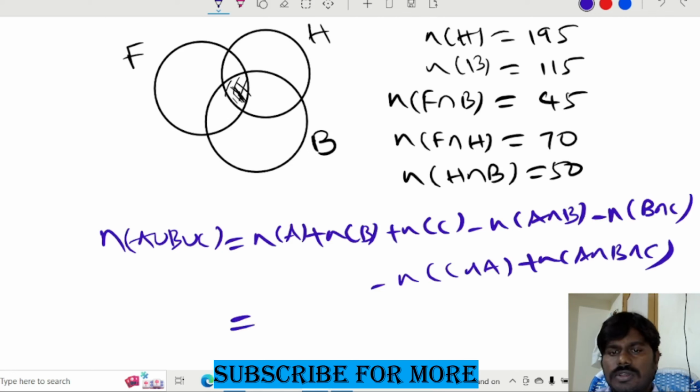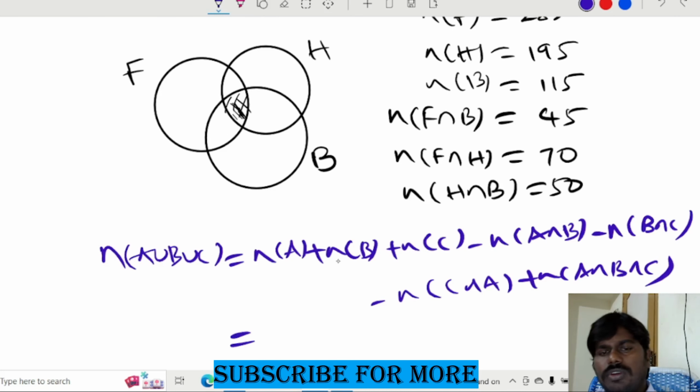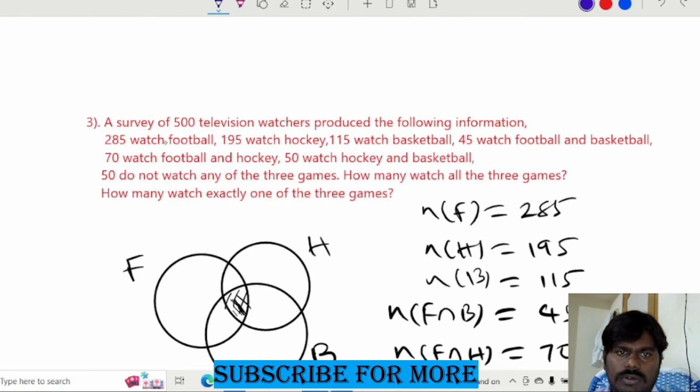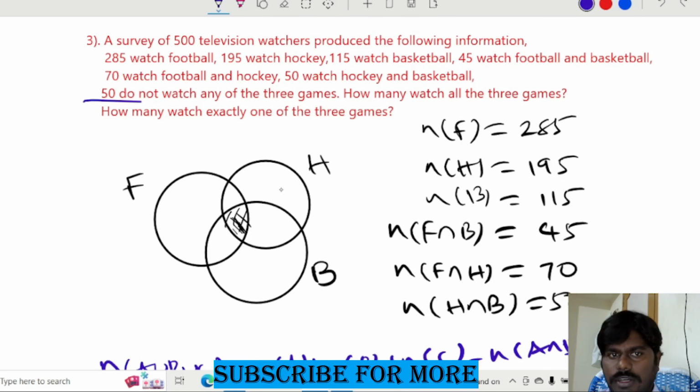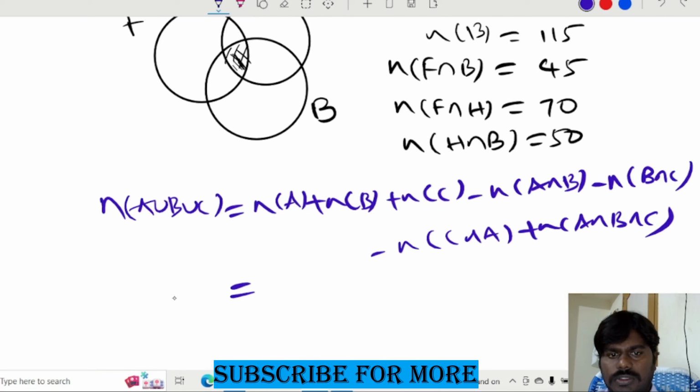Here the question is about 500 people, but they have given one thing: 50 do not watch any of the three games. So here the total number of people we have to take as 450, not 500. That we have to take care of.